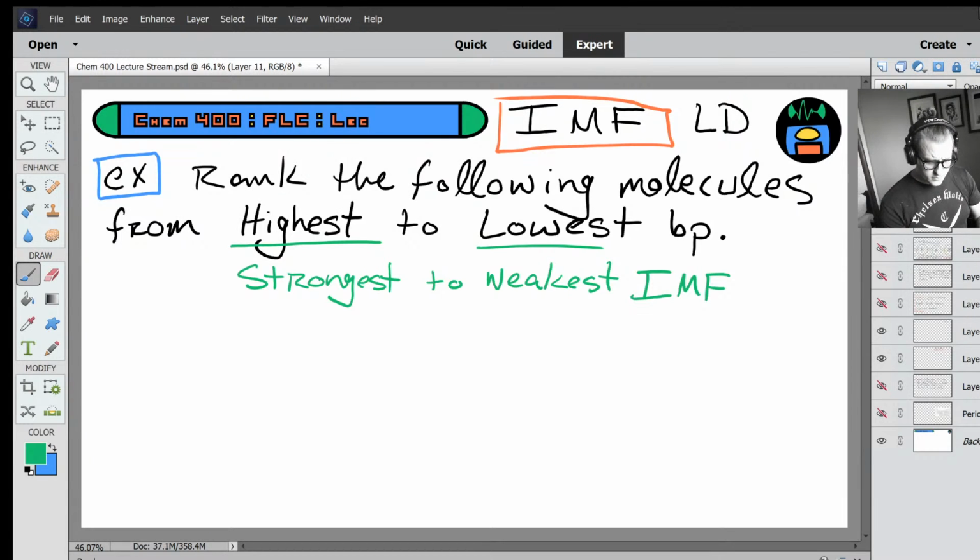And typically for these problems, you'll have to go through each molecule and figure out which intermolecular forces are present, which are active. Right now, we only know London dispersion, so these examples will only involve London dispersion forces, but for future examples, you'll also have to assess for dipole and for hydrogen bonding as well. All right, but let's go ahead and rank these.